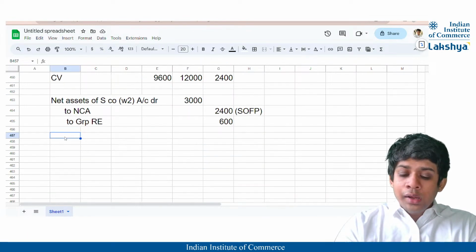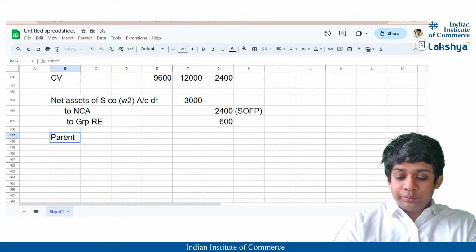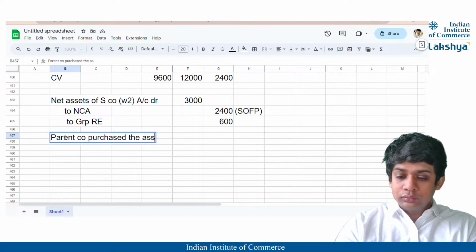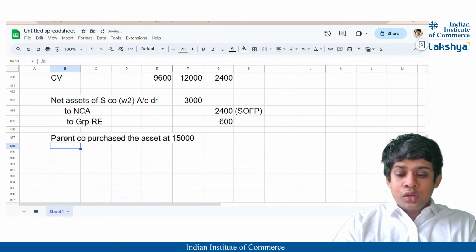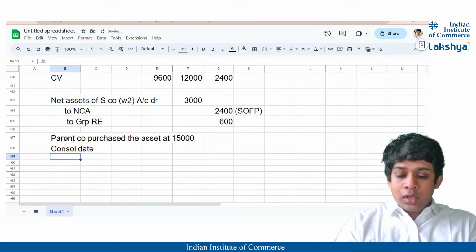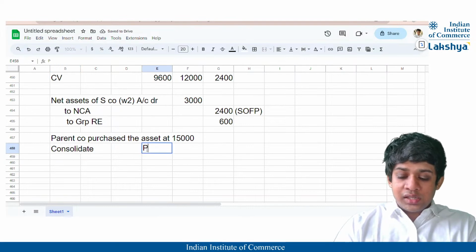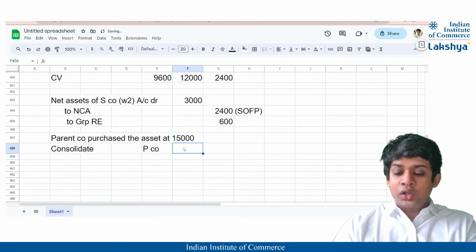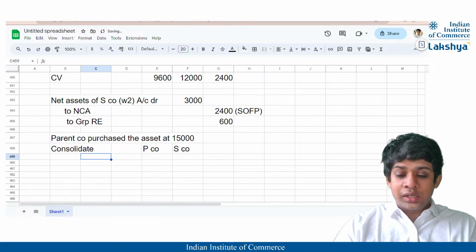So the parent company purchased the asset at what value? 15,000, correct? So when we consolidate, we take the parent company's net non-current asset and also the subsidiary company's non-current asset.